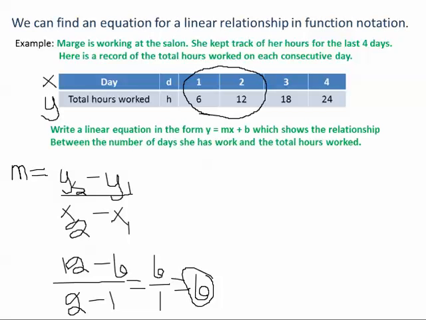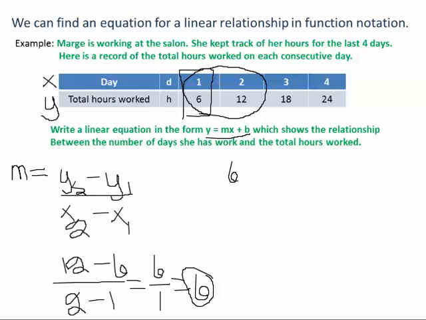Now I need to find my y-intercept, so I'm going to pick a coordinate point. I'm going to go with 1, 6. Remember, the 1 is my x and the 6 is my y, and I'm going to plug that into my slope-intercept form. So my y is 6.